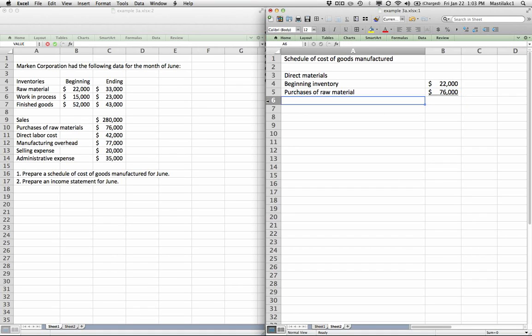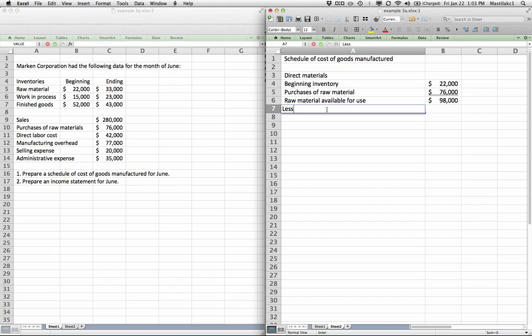So the total raw material that was available is the sum of these two. So we started the period with $22,000. We added $76,000 of material. We've got $98,000 of material available for use.